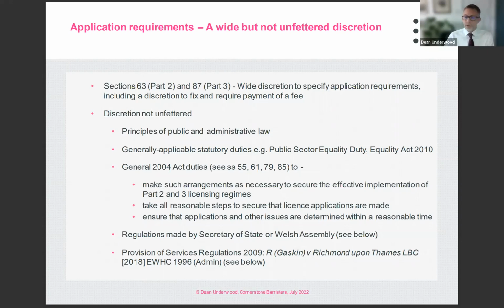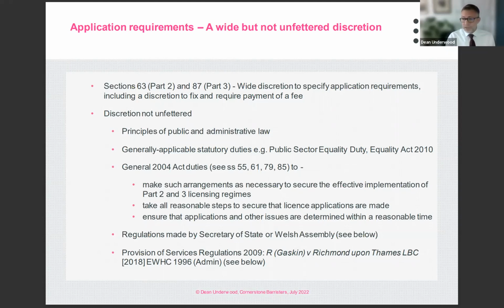So the requirements that a local authority sets when designing its application process must help to fulfill that statutory obligation. There are other general duties, perhaps not quite as relevant, to take all reasonable steps to secure that license applications are made and to ensure that applications and other issues are determined within a reasonable time.